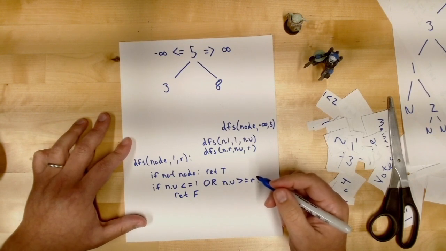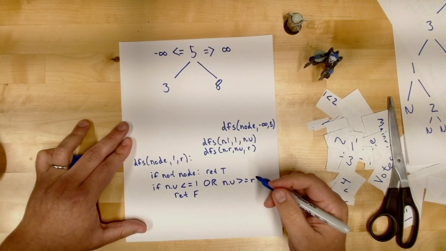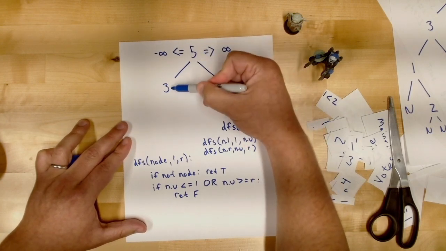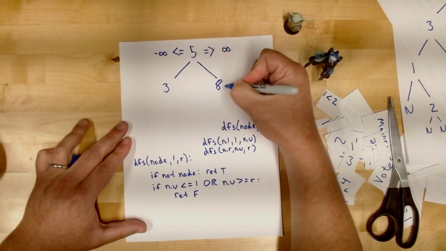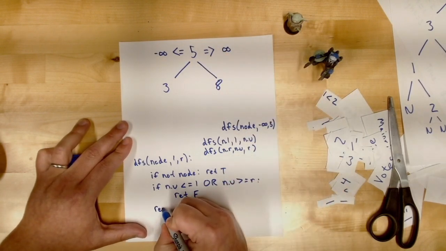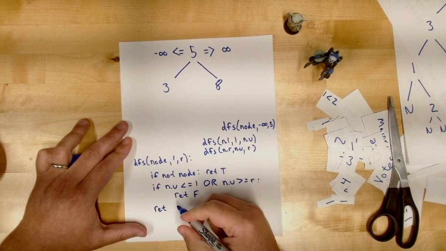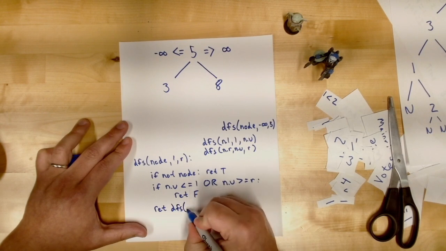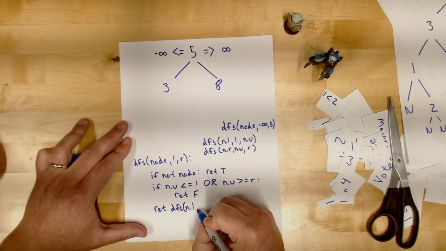But what's it going to be when we call it on the left and right subtree? This is only a valid binary search tree if this is a valid binary search tree and this is a valid binary search tree. So in our recursive call, we're going to return DFS on node.left. I'm just copying this from here.